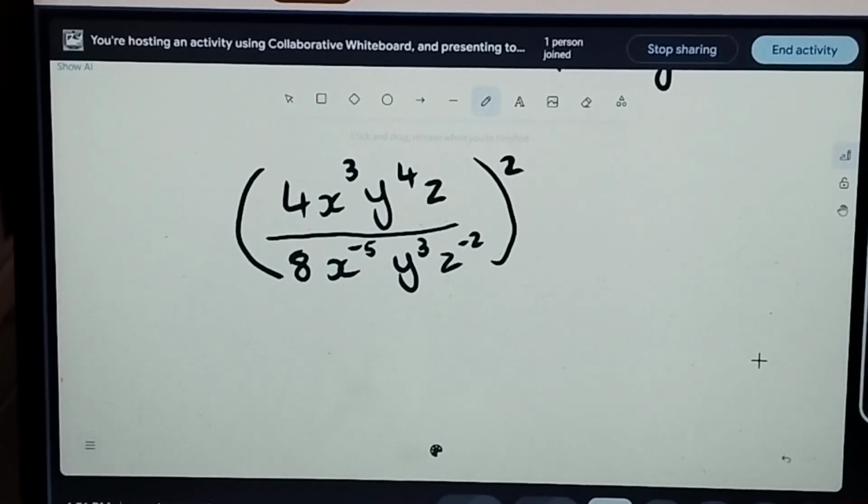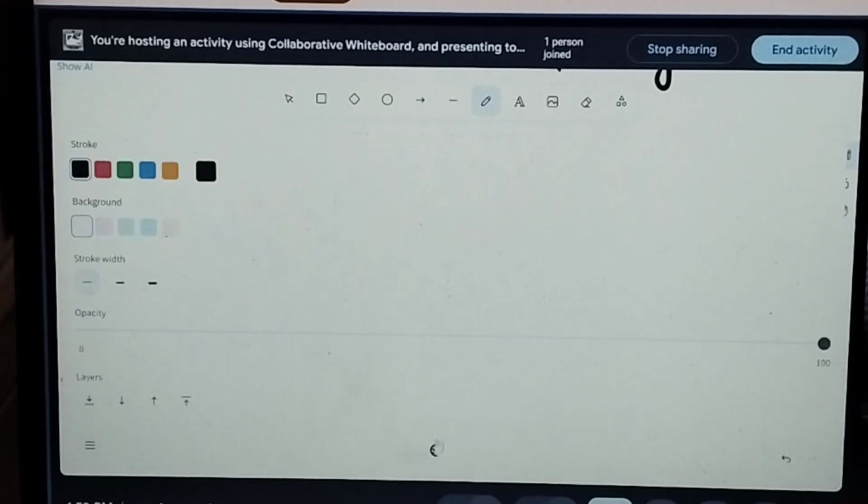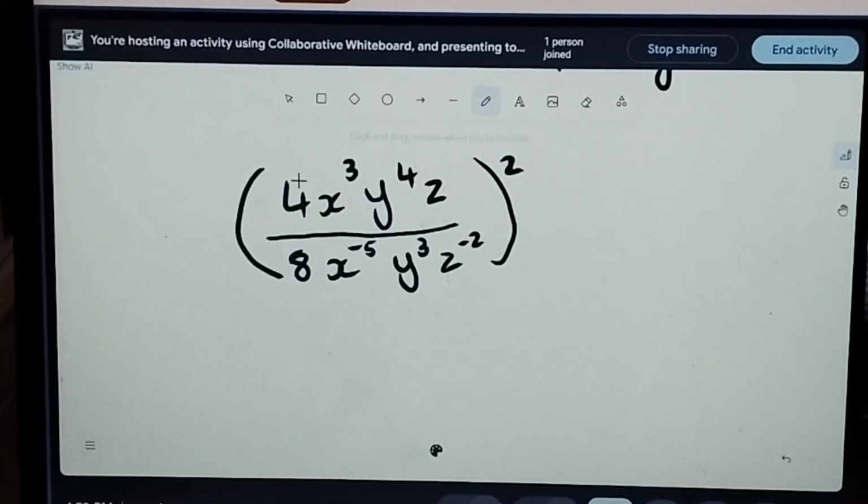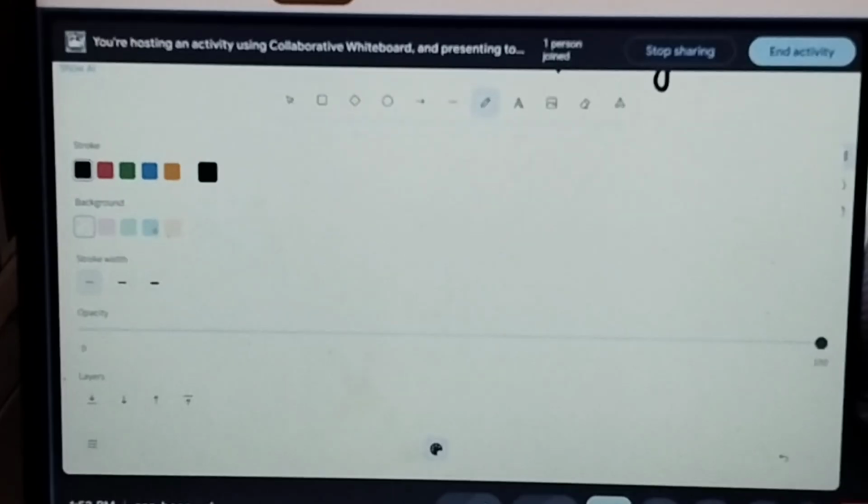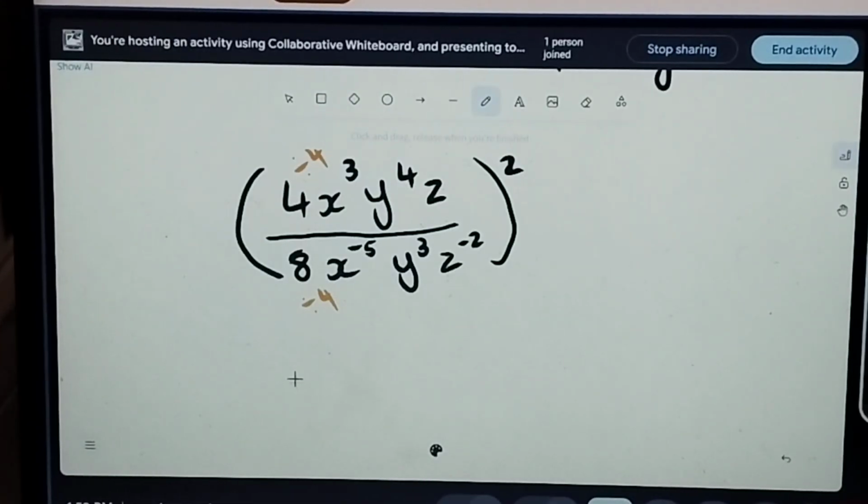Now remember what I said, we'll do the coefficients first. So if I look at the coefficients, I can divide the top and the bottom by 4 just to simplify the 4 over 8 to make that an easier number. Then I don't have to work with a 4 and an 8.